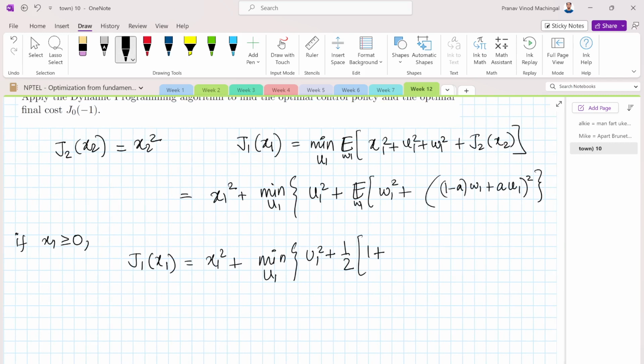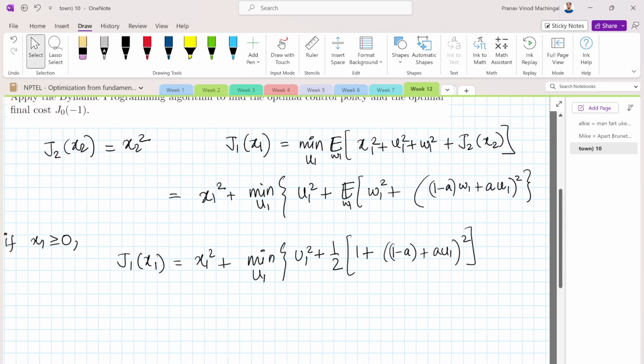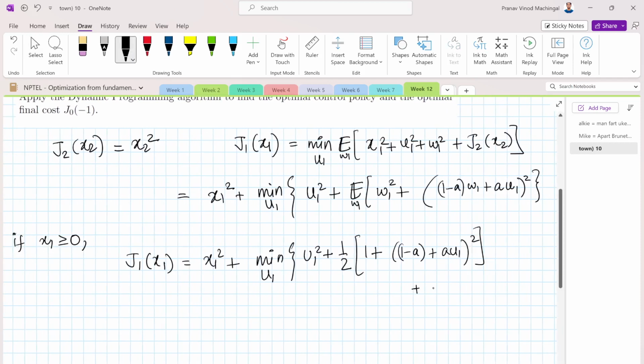So if I put w1 equal to 1, I have 1 plus (1 minus a) plus a u1 square, plus half times, w1 is 0, so a u1 square.